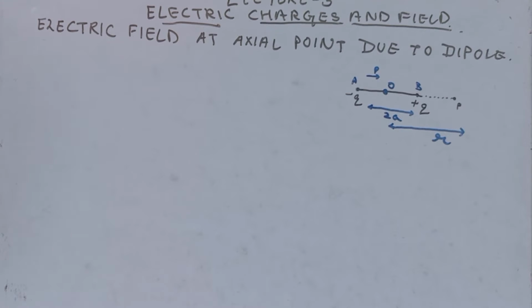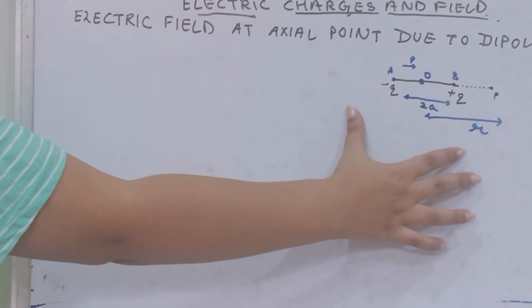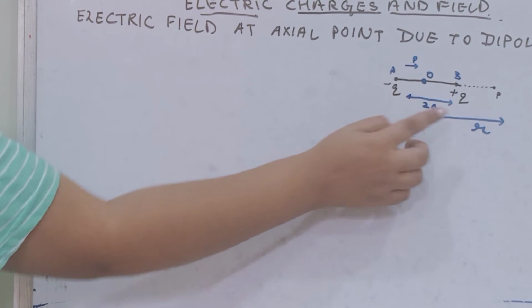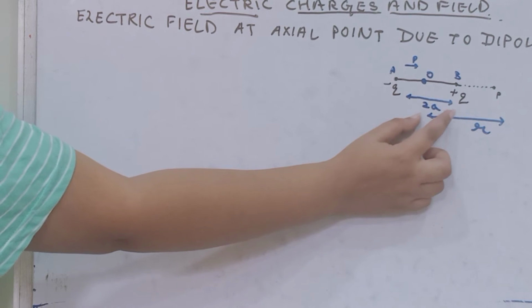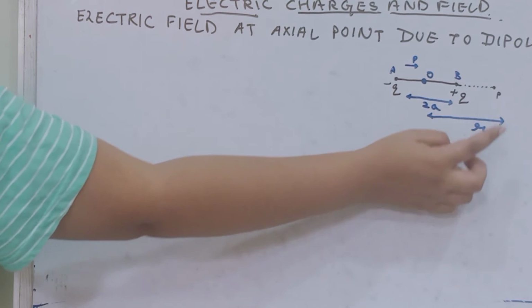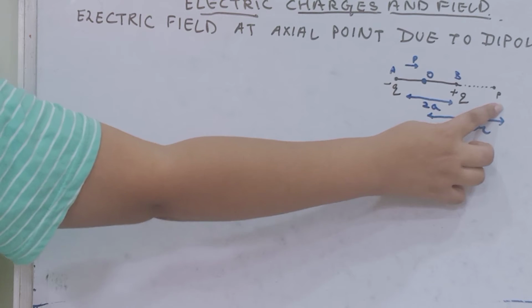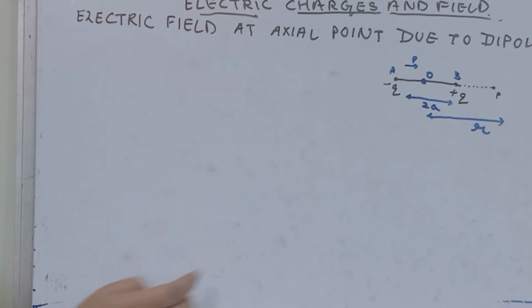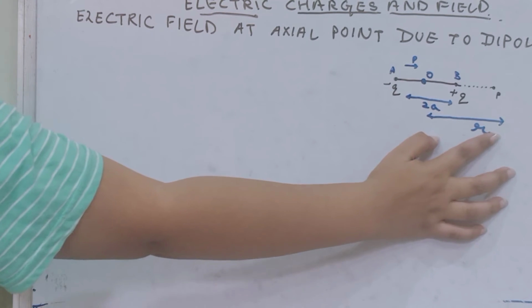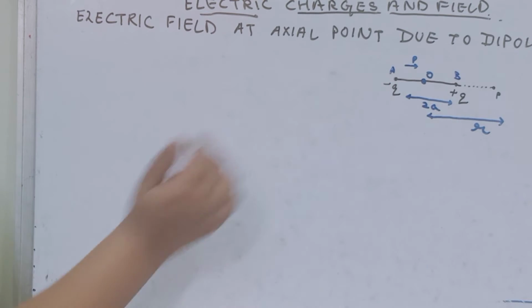Fine. Next, we are going to study the electric field at an axial point due to a dipole. Okay, so now this is the situation which we have. We have minus q charge and plus q charge separated by a distance 2a, and we have to find the electric field at point P, which is at a distance r from the midpoint of this dipole.